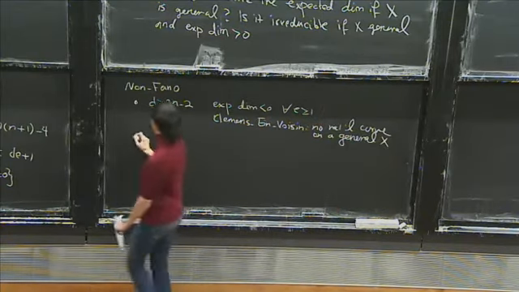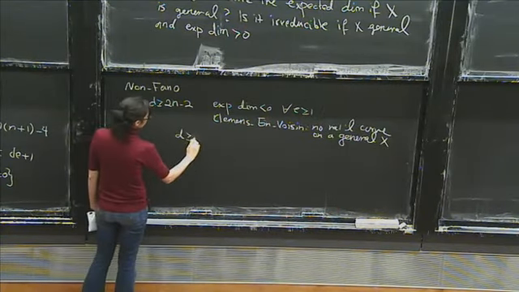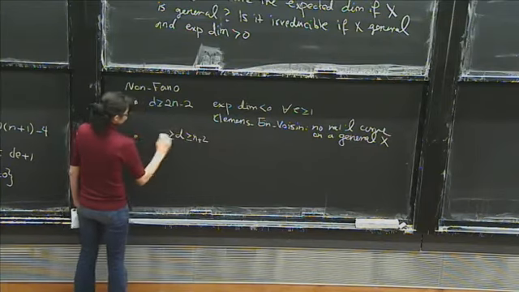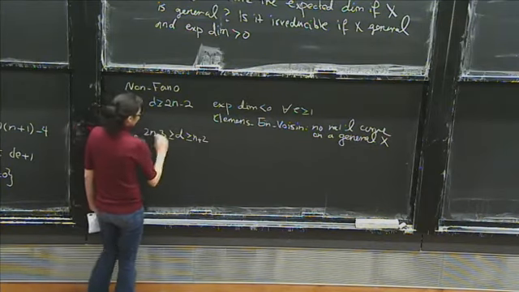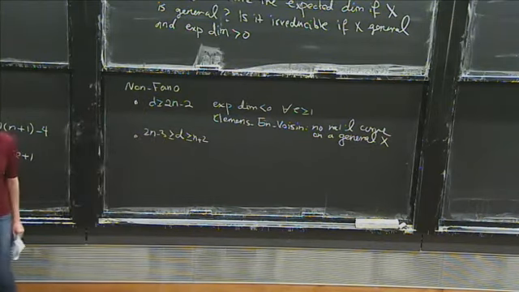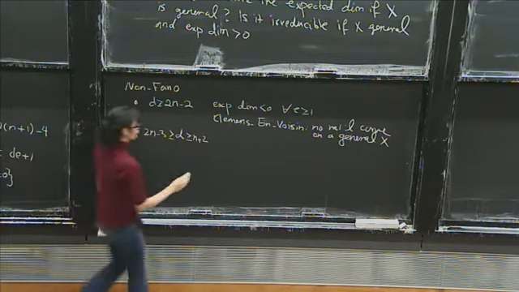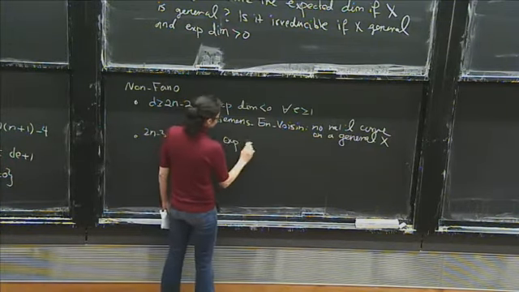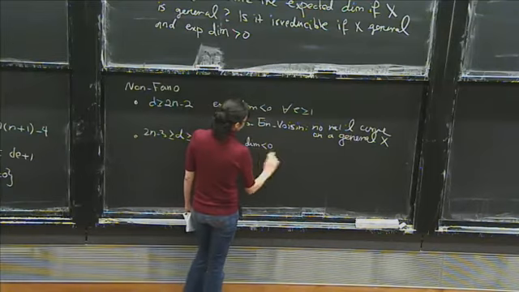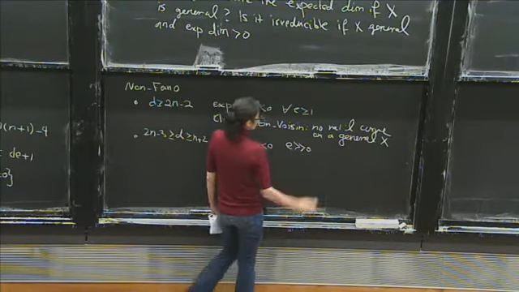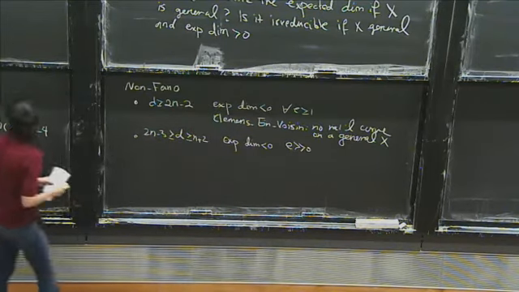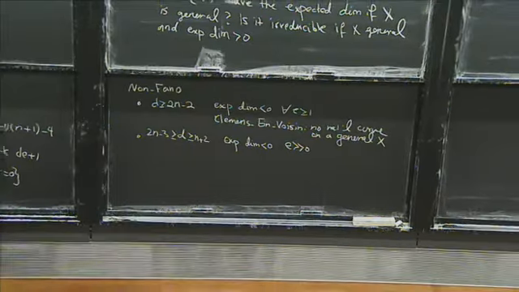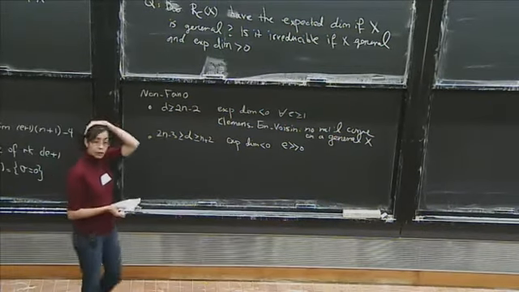If d is between n+2 and 2n-3, then the expected dimension is negative for all but finitely many values of e. And a weaker statement here, something weaker than the first question, is a conjecture of Claire Voisin.